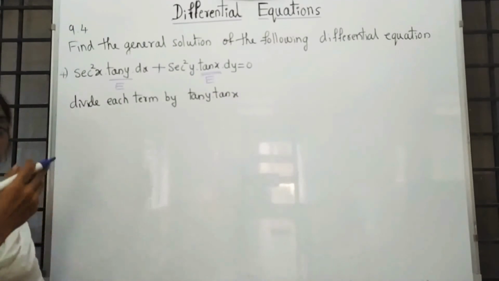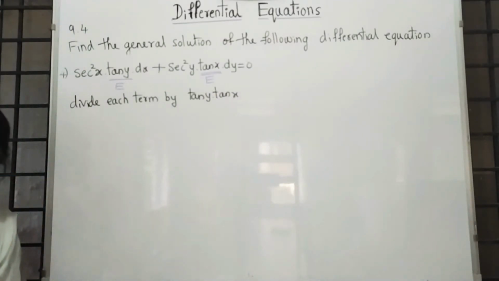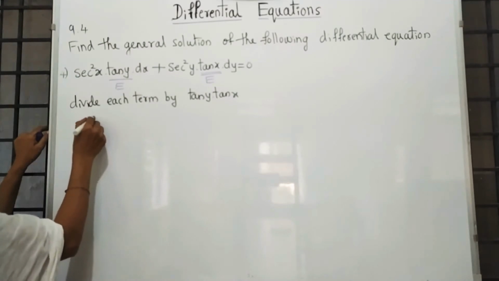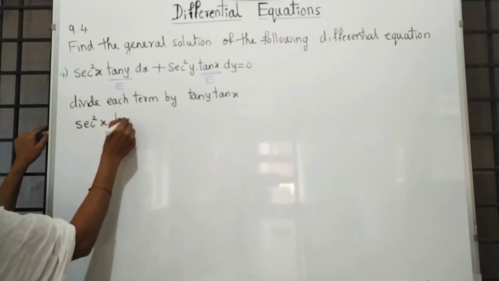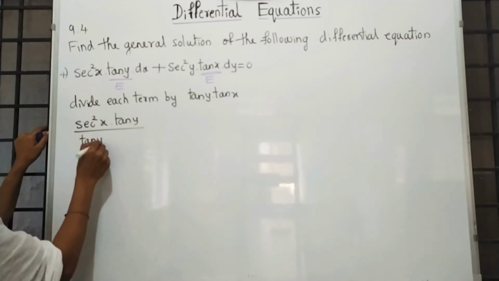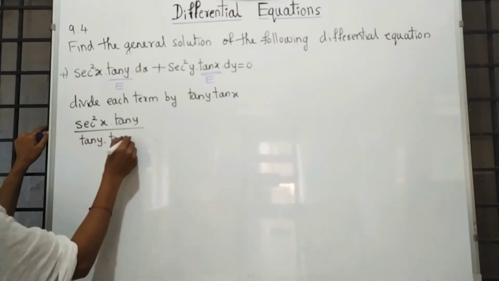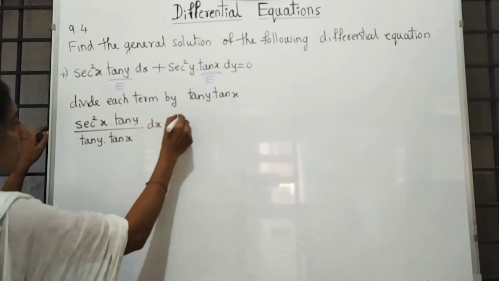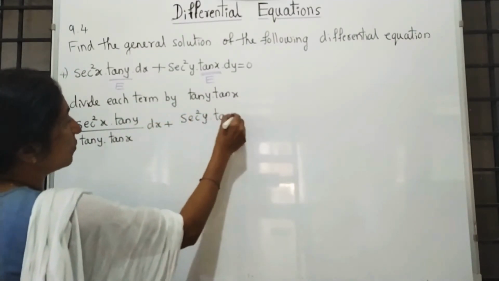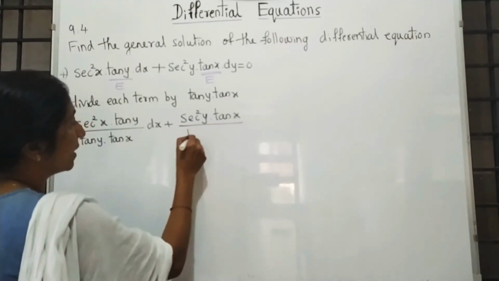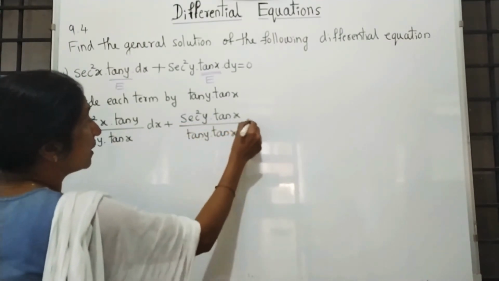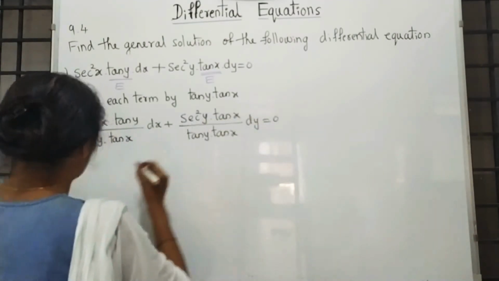See, for the remaining sums I will write it directly, but this sum I will show you all the steps. Secant square x into tan y divided by tan y into tan x into dx plus secant square y into tan x divided by tan y into tan x into dy is equal to 0.